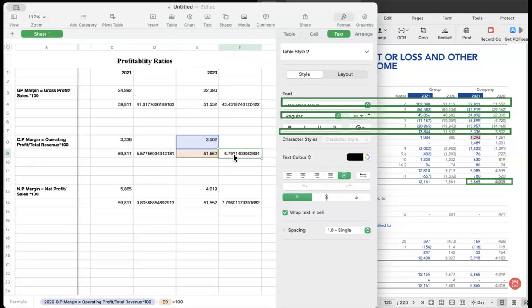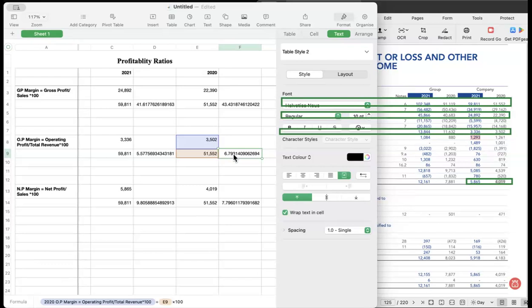Now, when you look into the net profit margin, compared to operating profit margin, it's okay. Net profit margin measures the capability of a company to convert its sales revenue into net profit. Again, the outcome is low, but when you do a comparison, 2021 is better than 2020.